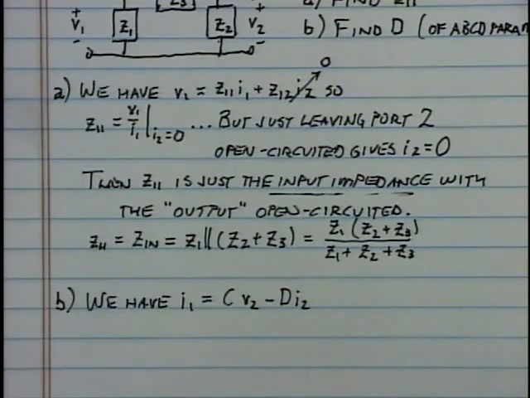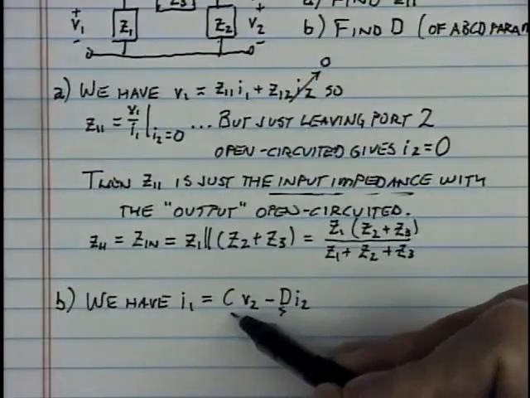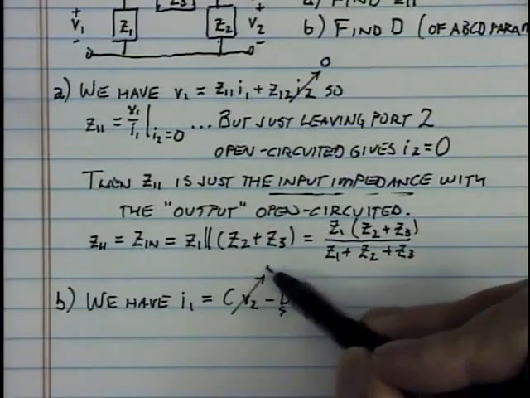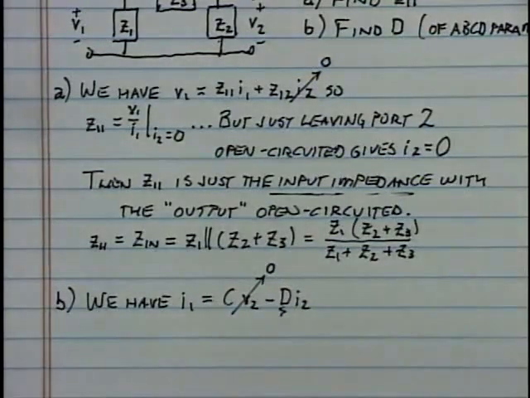Well, in any event, we're trying to find D. We could solve this equation if only the first term there vanished. Then D would be the negative of I1 divided by I2, right?